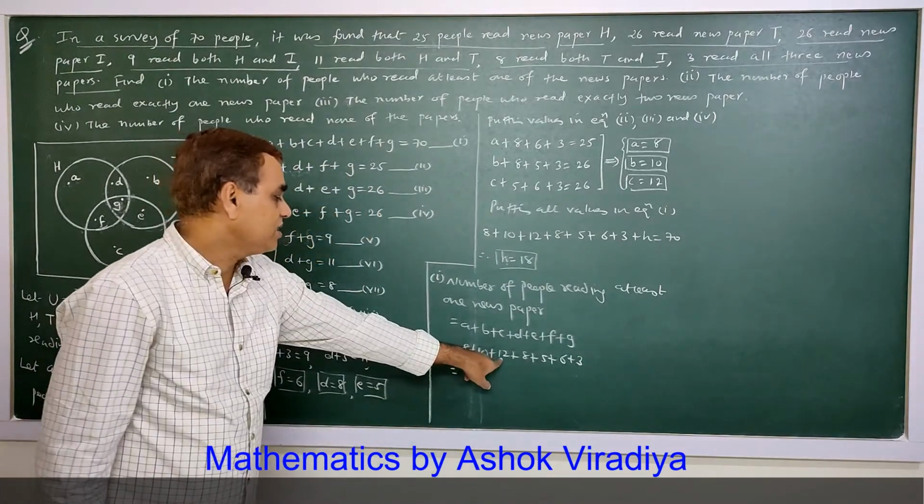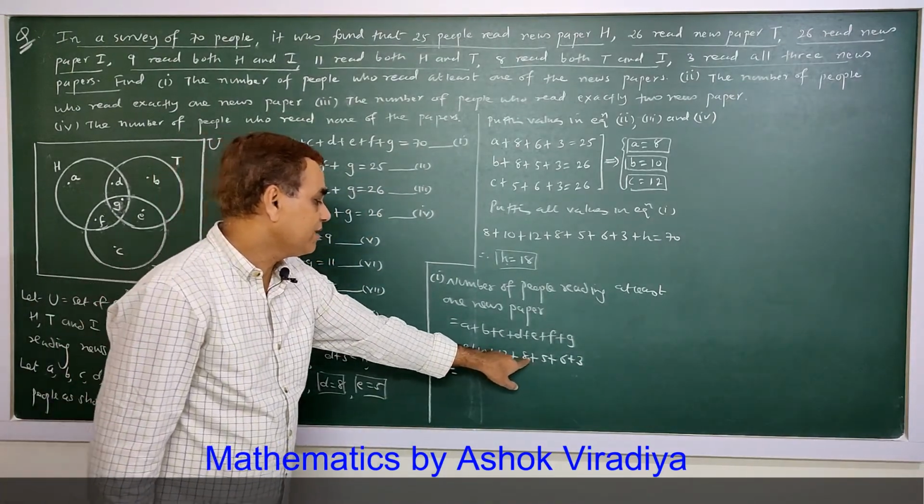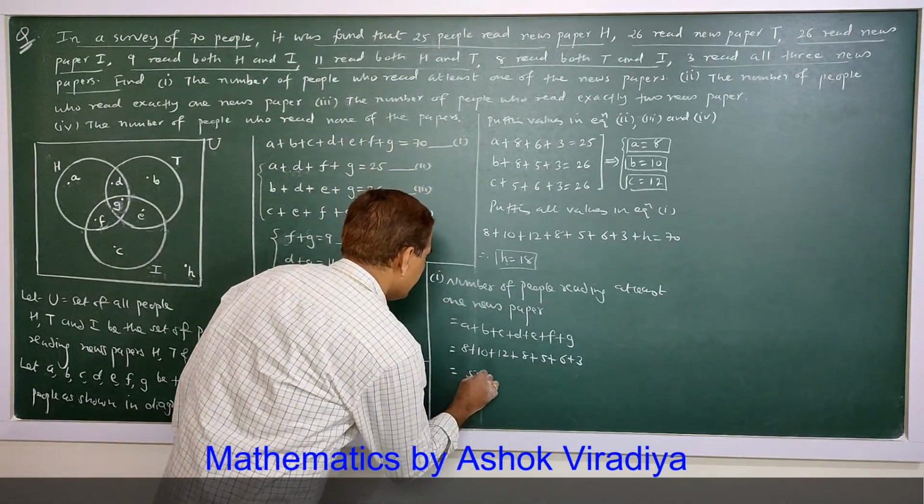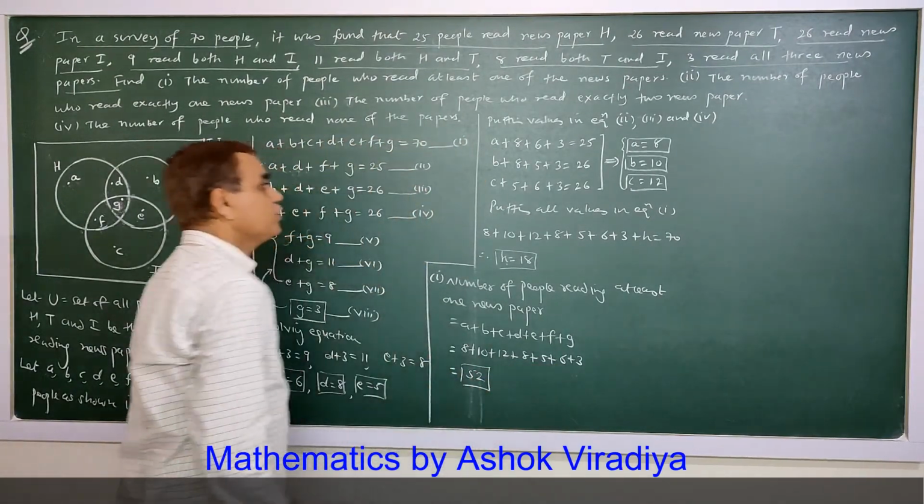That is 20, plus 10 is 30, 38, plus 5 is 43, 49, 52. So 52 people read at least one newspaper.